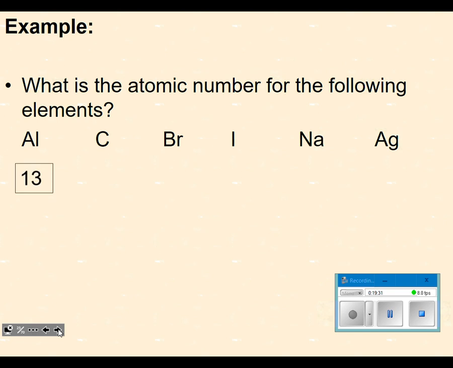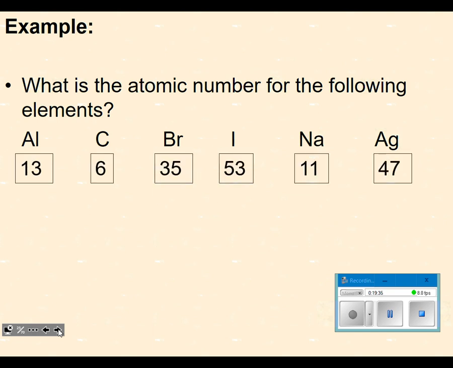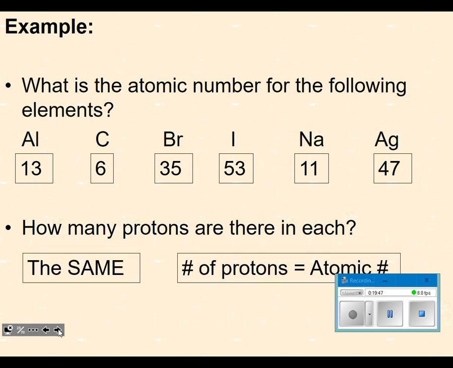All right, 13, 6, 35. Again, just look at the top number of the squares. If I ask you how many protons are in each of these as well, you should be able to tell me the same, because the atomic number is the number of protons.